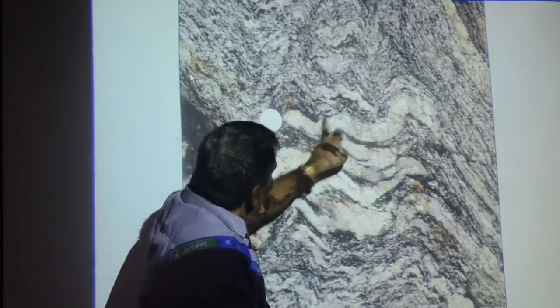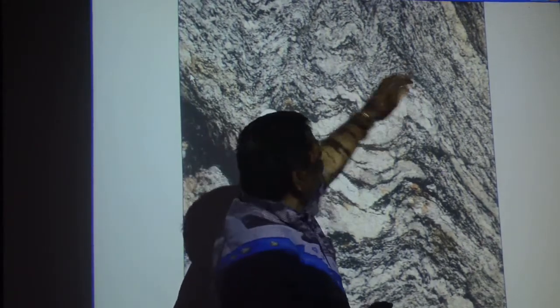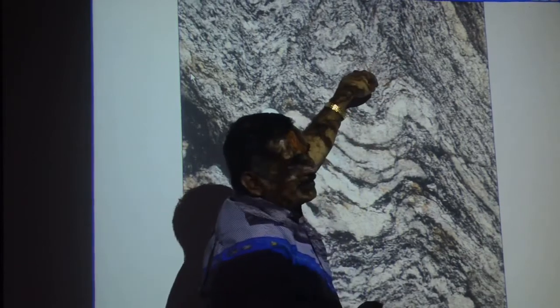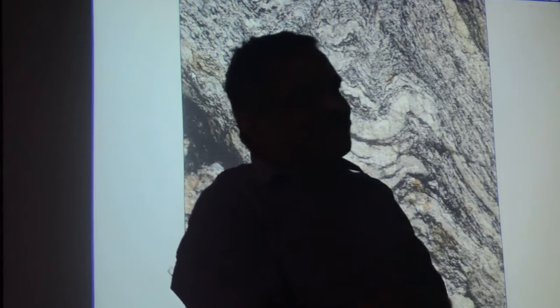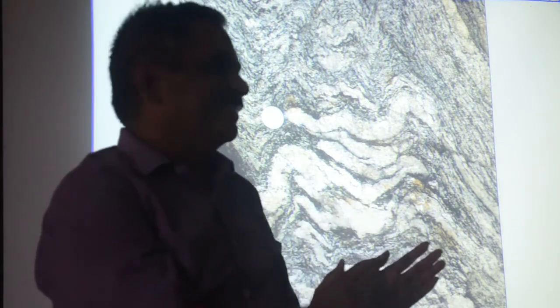But if you see this fold, whose axial plane is like this, the schistosity plane is bent over it. Follow this logic. Why is that an F1 fold? Why is this an F2 fold? This is to be understood.